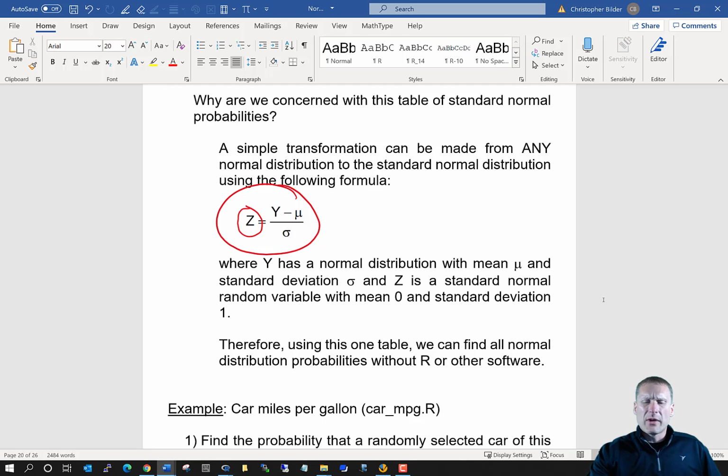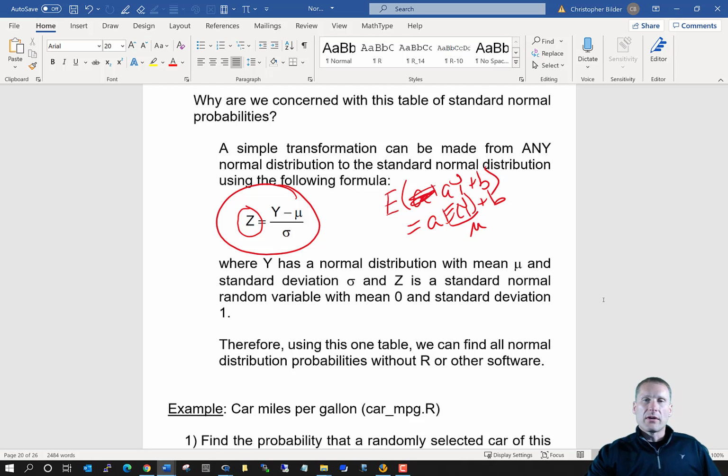Why does this transformation work? Well, here's a partial explanation of it. Remember how we looked at something like this before: expected value of a times y plus b, where a and b were constants. And we showed that this is equal to a times expected value of y plus b.